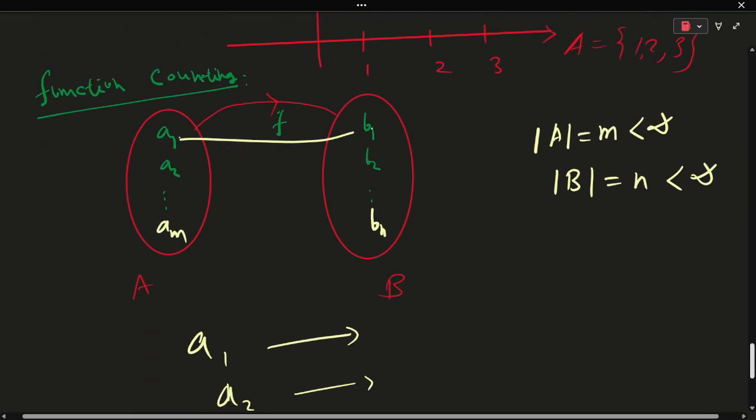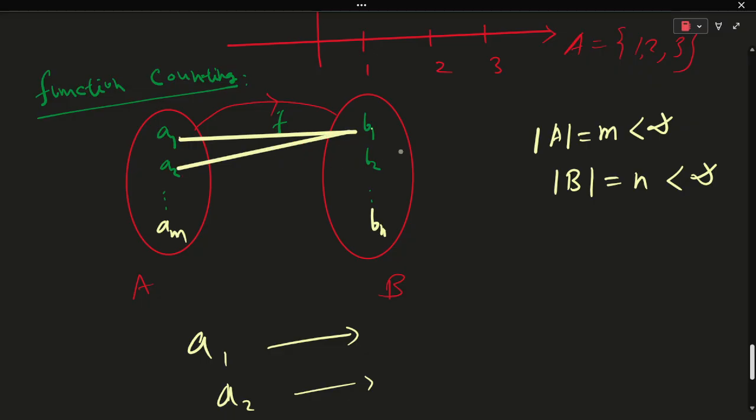If a maps to b1, then b maps to a1. This is also a map, no violence to the definition of f, right?